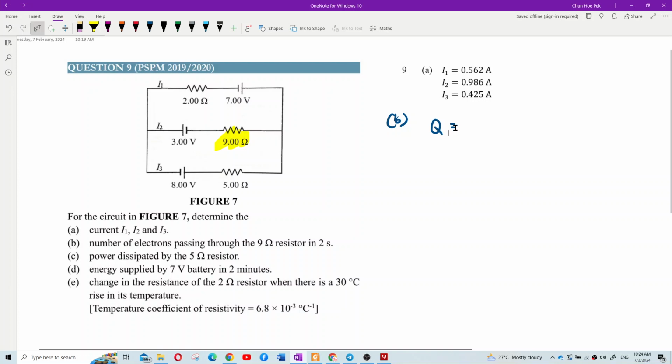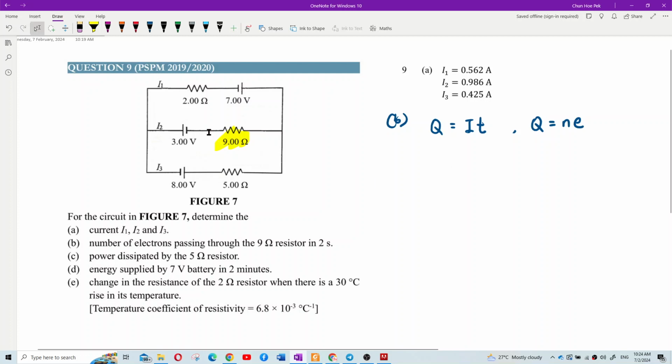The formula is Q equals IT: current multiplied by time gives the total charge. After that, you use the formula Q equals NE to find the number of electrons: the total charge divided by the charge of 1 electron.